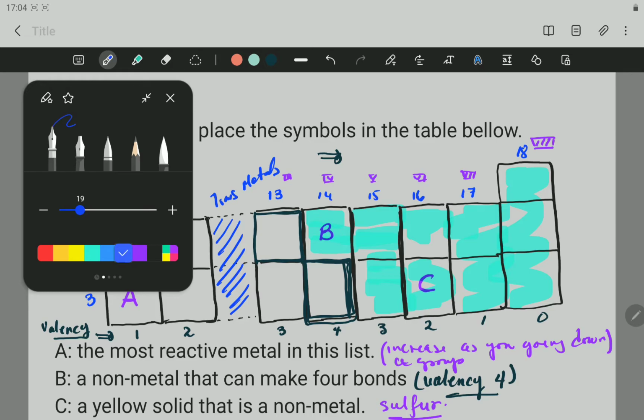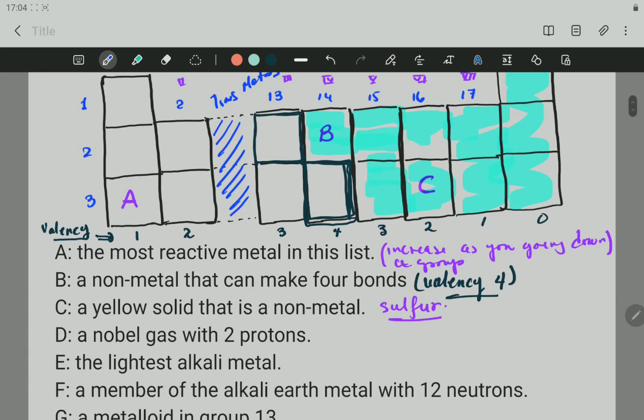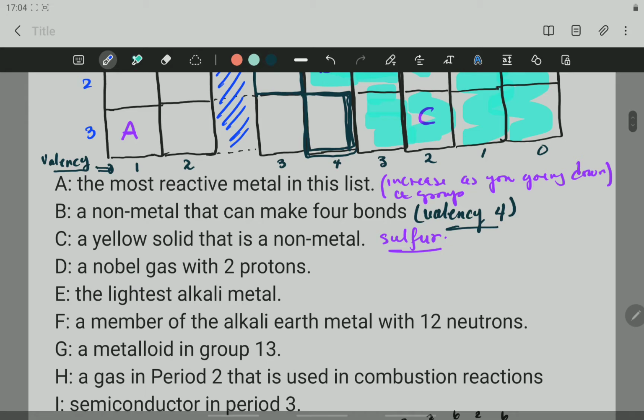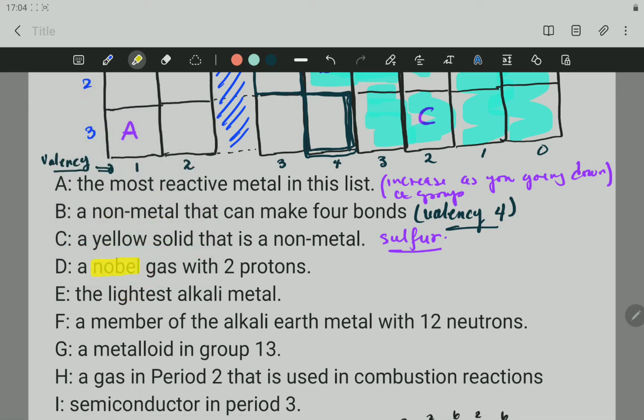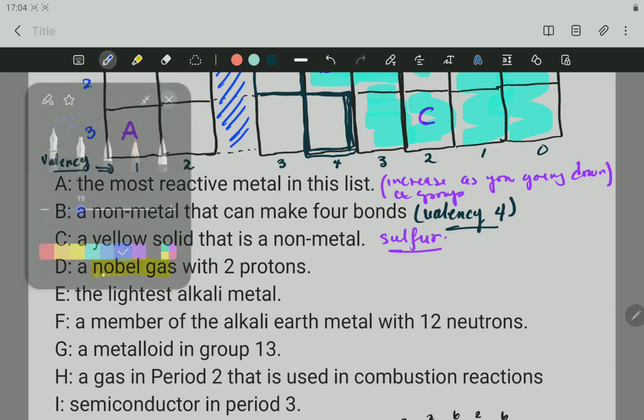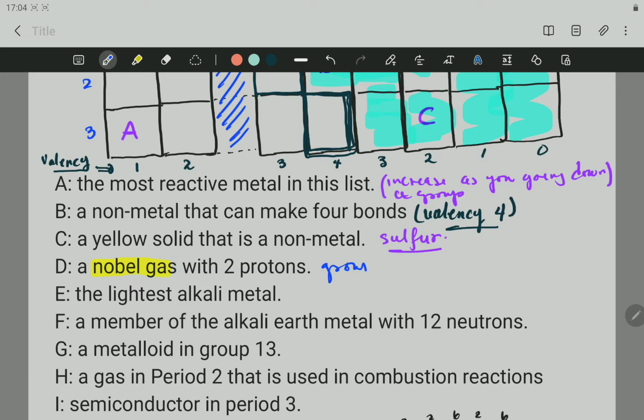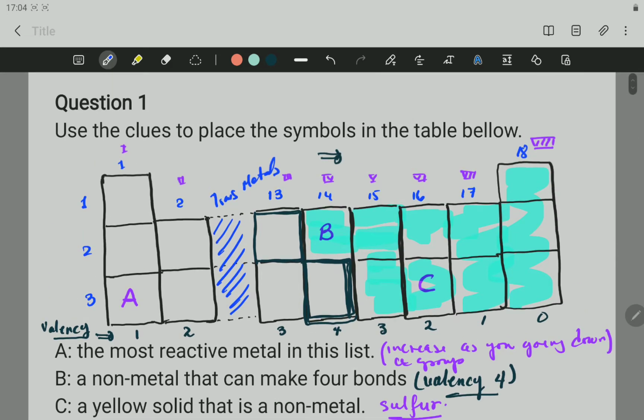Remember, noble gases are the elements in group 18. So in group 18, we have all these ones here.